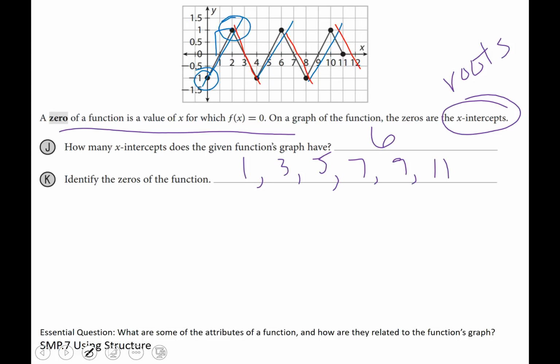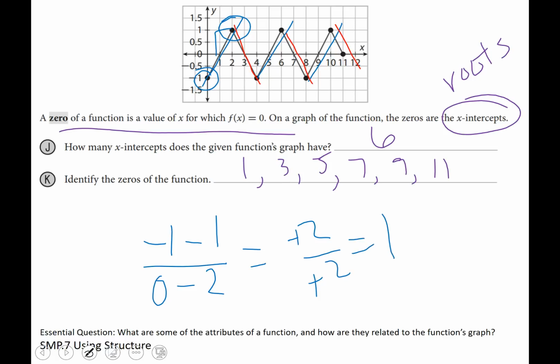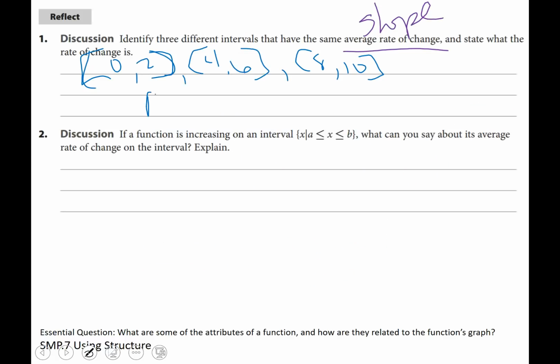So my y values are -1 minus 1, and then my x values would be 0 minus 2. So I end up with -2 over -2, which is +1. So we know that our average rate of change, you could have just shown that work on these lines here, equals 1.